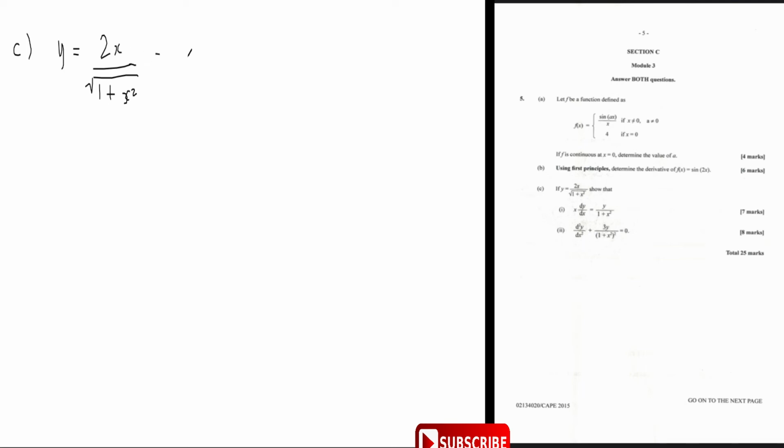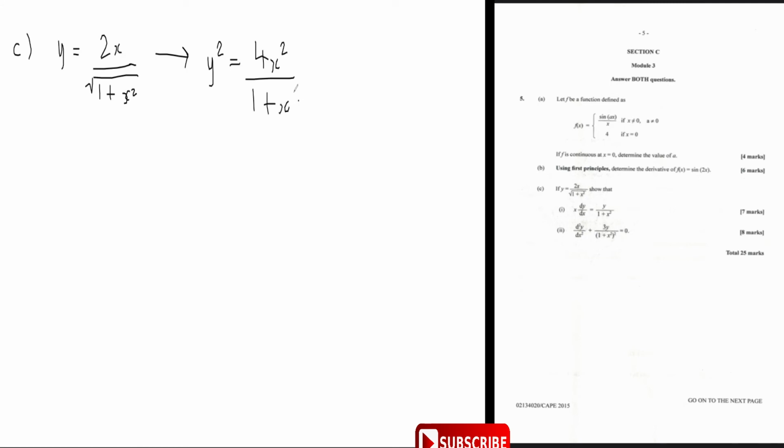So to do implicit differentiation, the first thing we're going to do is square both sides. So we get y squared is equal to, when I square the numerator, 4x squared, over the denominator, 1 plus x squared.